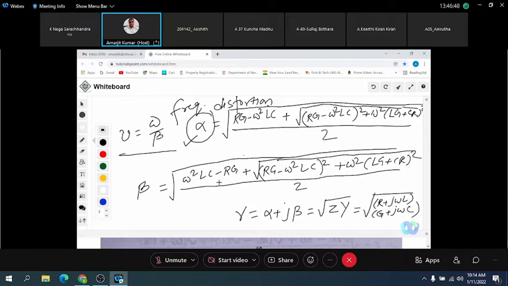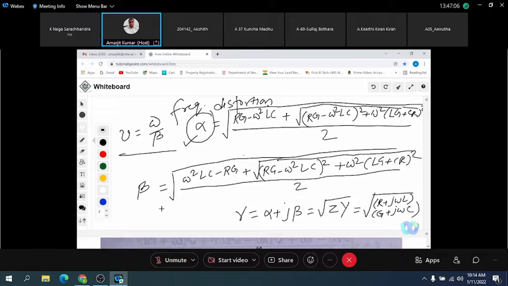It is known as delay distortion because the time will be different for different frequency components. How much time it takes to reach the output side will be different, so some signals will be delayed more.